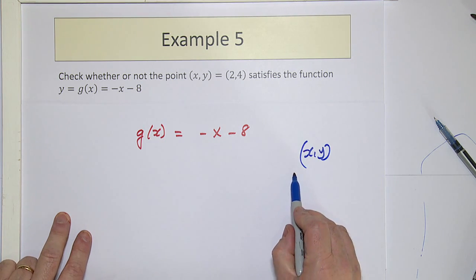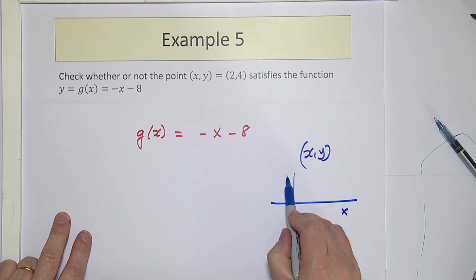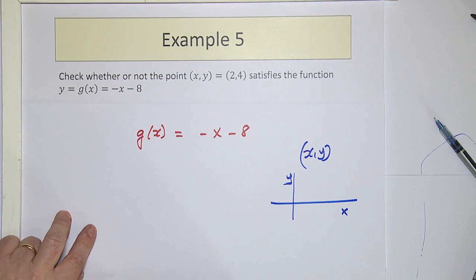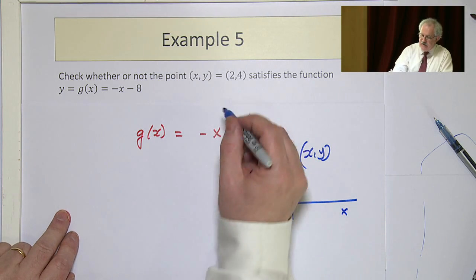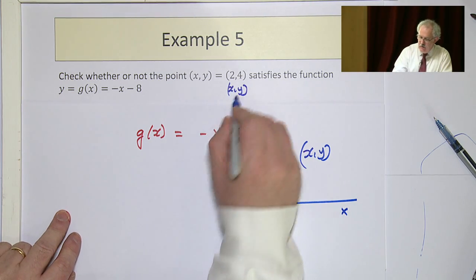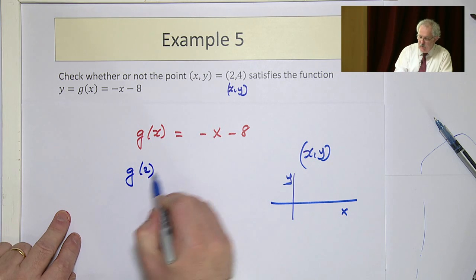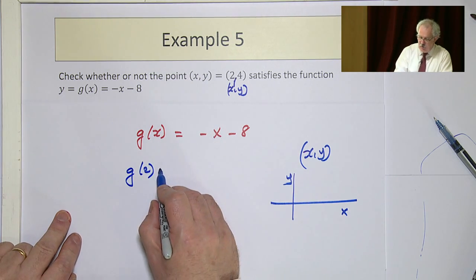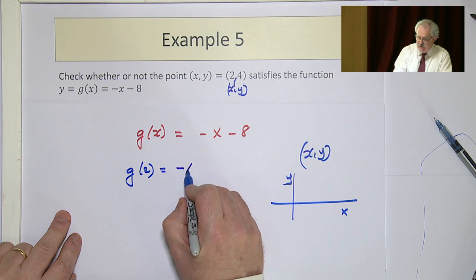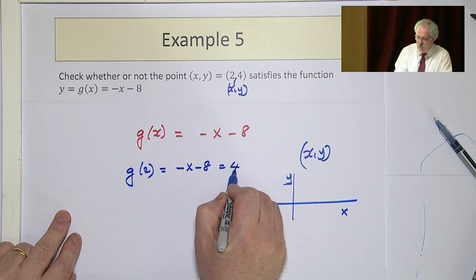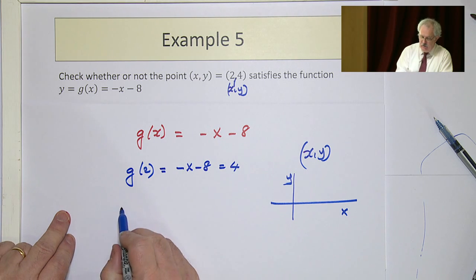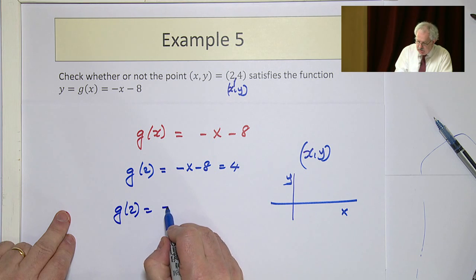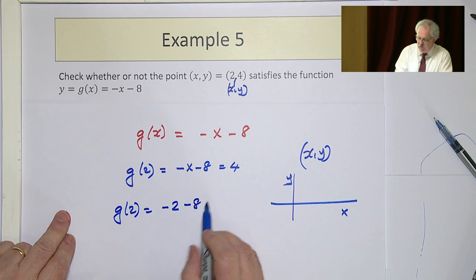We always have the two dimensions where this is x and this is y, the horizontal and the vertical, the east-west with the north-south. So g(x) here means the y, that is g(2), because the 2 is the x. And it's saying, is that equal to 4? Is minus x minus 8 equal to 4 when x is 2? g(2), where x is 2, you put in minus 2 minus 8.